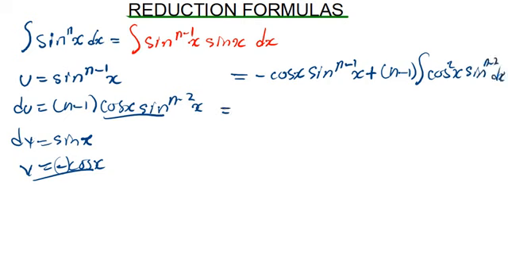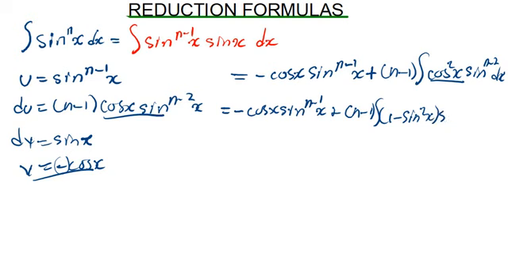So this becomes minus cos x sine n minus 1 of x plus n minus 1, then the integral of, when I look at that cos squared, I'm going to write it in terms of 1 minus sine squared of x multiplied by sine n minus 2 of x dx.